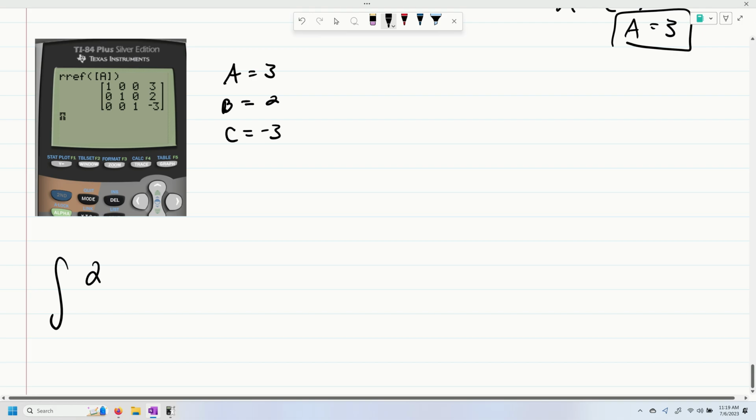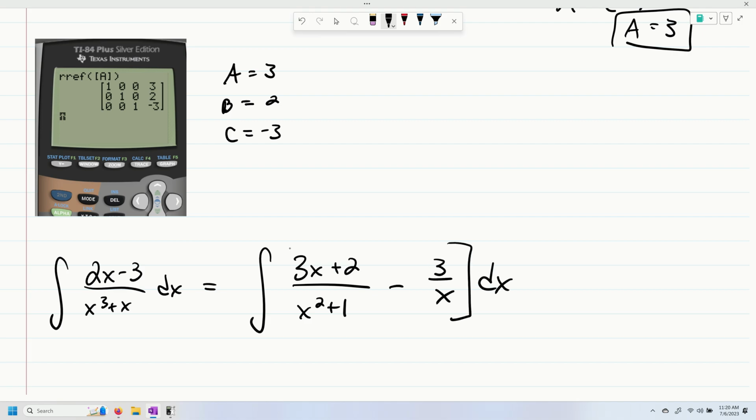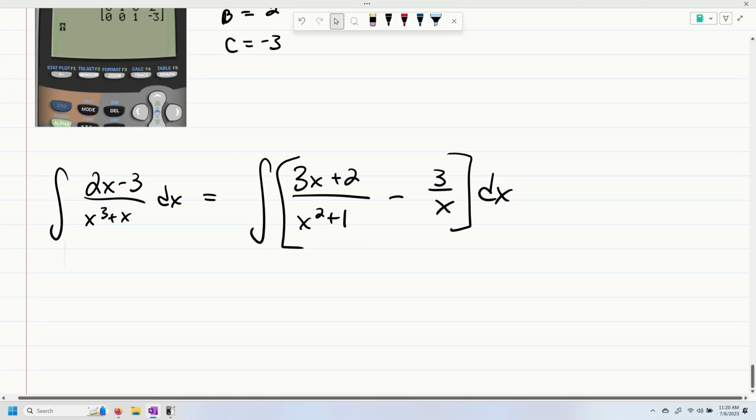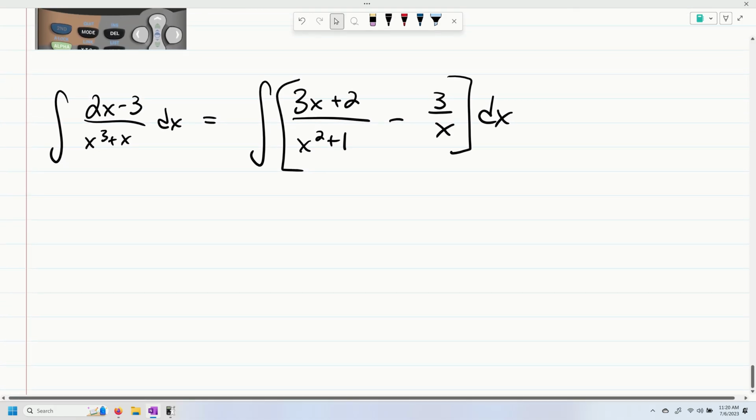The integral of 2x minus 3 over x to the third plus x dx is going to equal the integral of 3x plus 2 over x squared plus 1 minus 3 over x dx. So we can go ahead and easily integrate this.